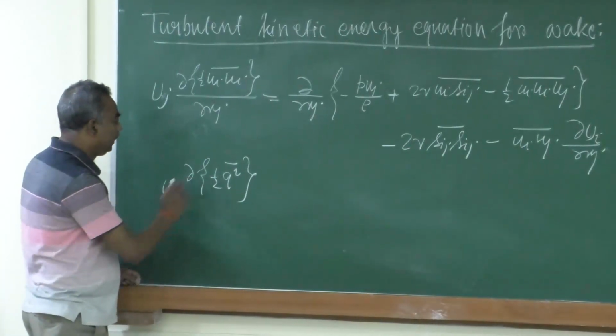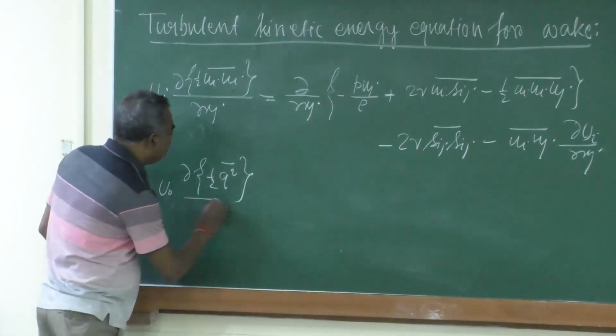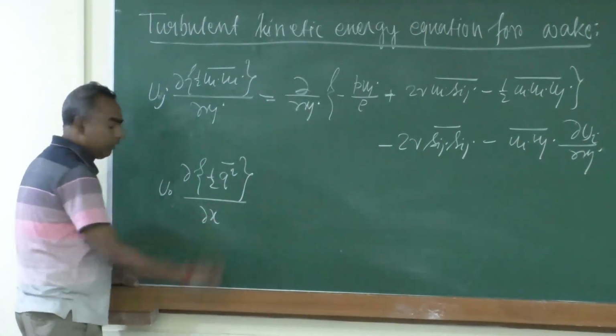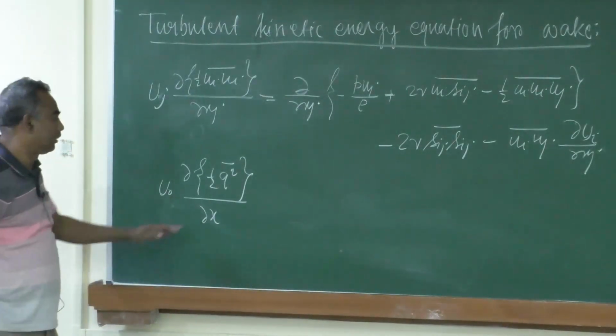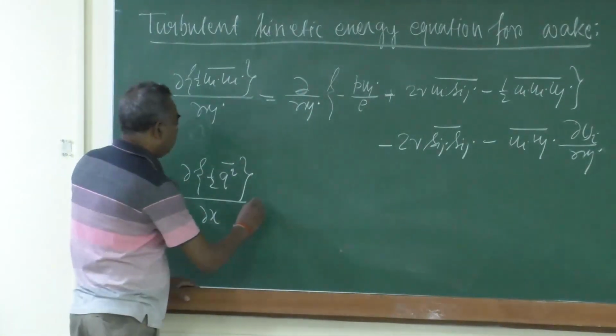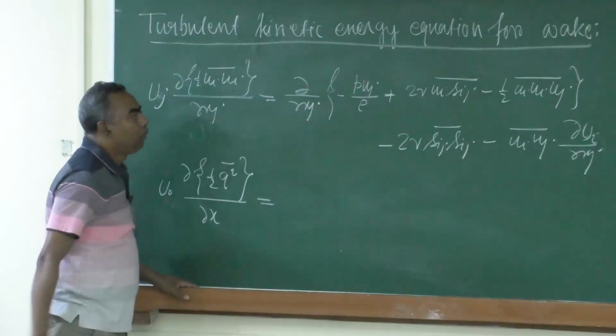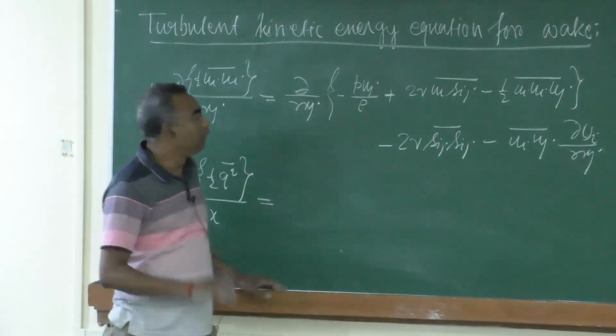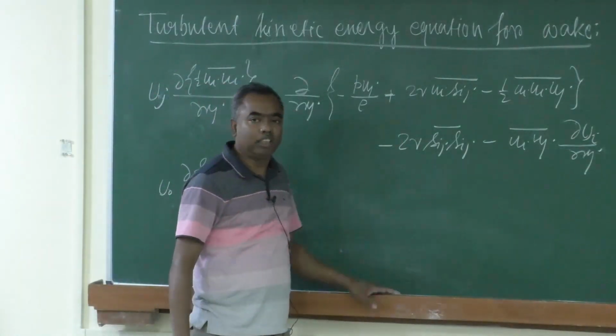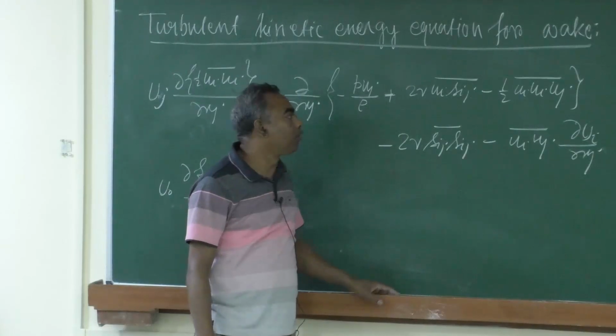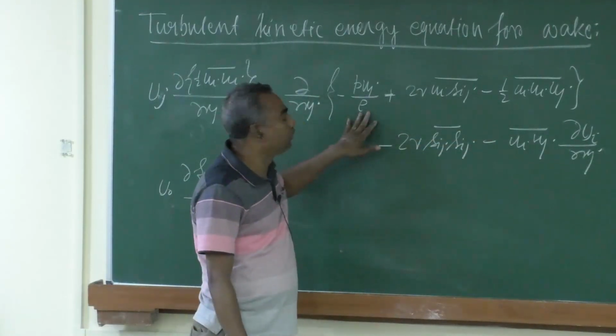So, this is q and this one del x, x1 means just x in this particular case. Now, we have already found that this viscous transport is negligible as compared to turbulent transport and pressure transport.